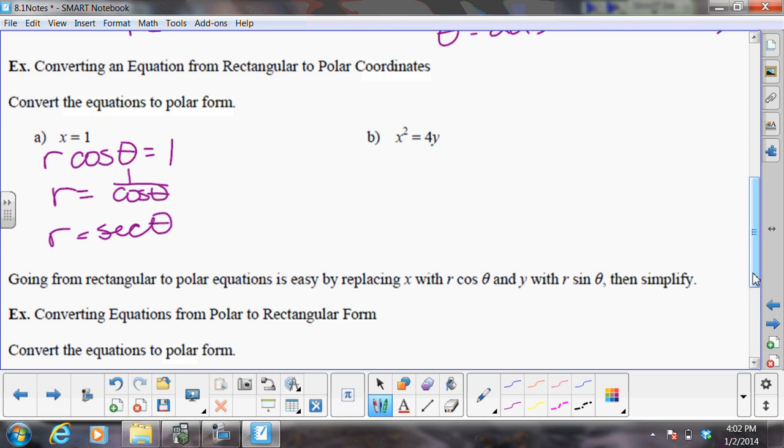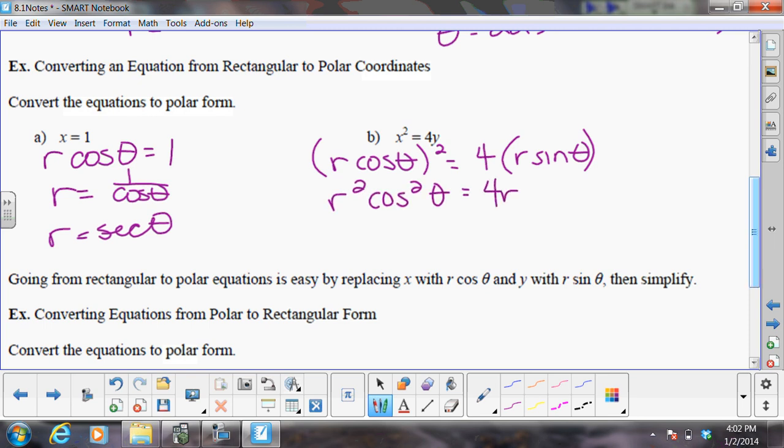And if you have x squared equals 4y, we'll replace x squared with r cosine theta, so that's being squared, and replace y with r sine theta. I'm going to square the left side. So r squared cosine squared theta equals 4r sine theta. Well, one of my r's on each side can go away, right?